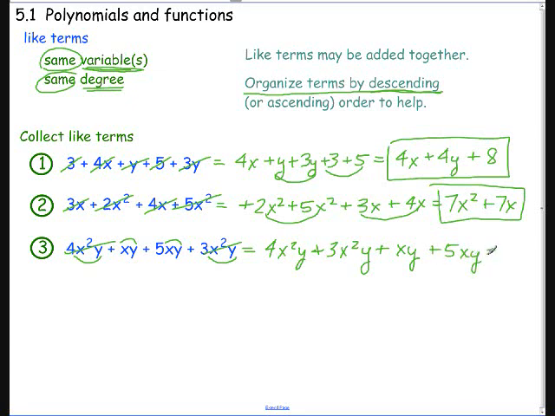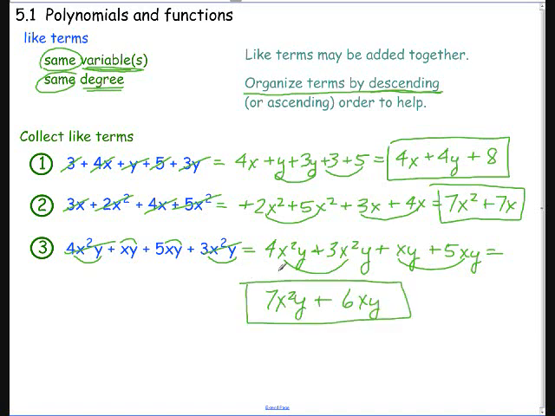I'm going to combine the ones that are identical in terms of the variable and the power. So I have 7x to the second y plus one of these and 5 of these, 6xy. Okay, combining like terms.